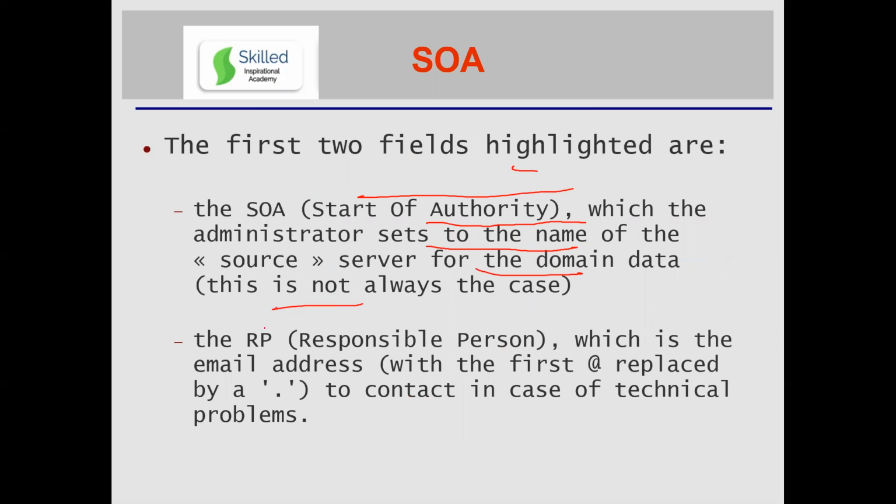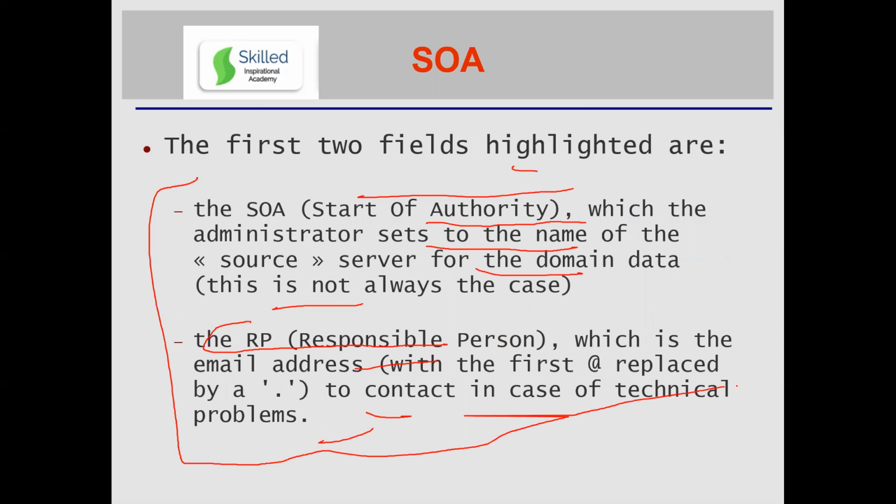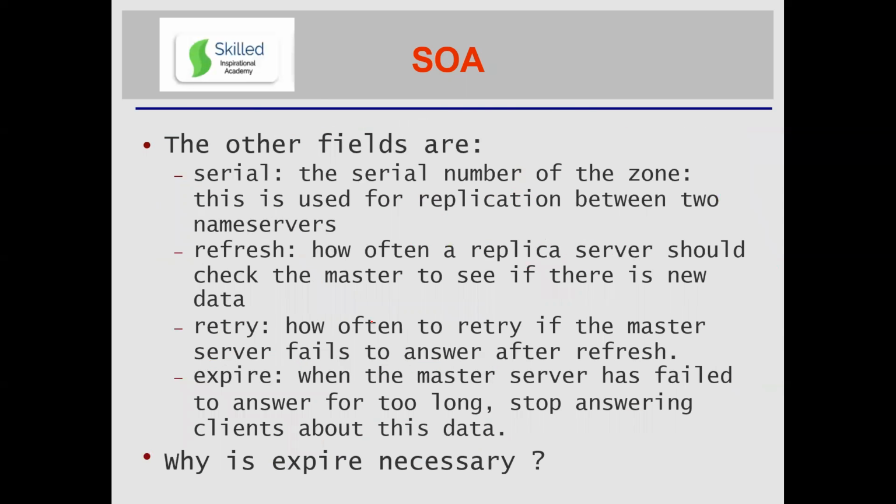This is not always the case. It represents the responsible person, which is the email ID to contact in case of problems. I hope this is clear now, why we require the start of authority. Whenever you face any issues related to queries or expiry, you have an email ID to contact.